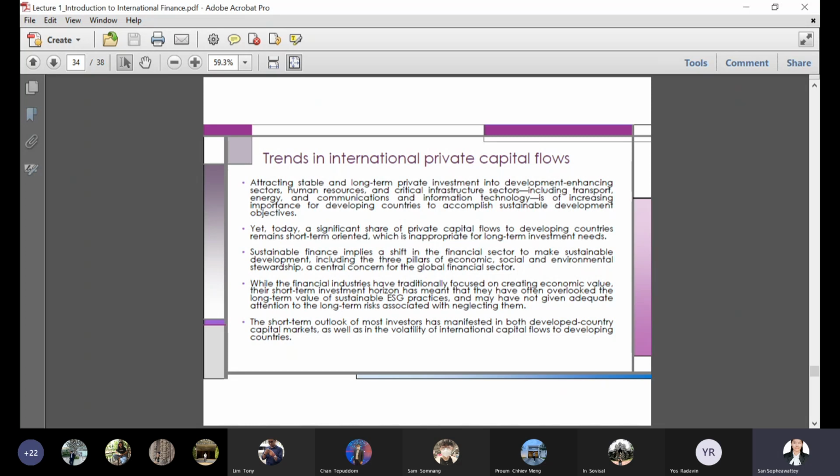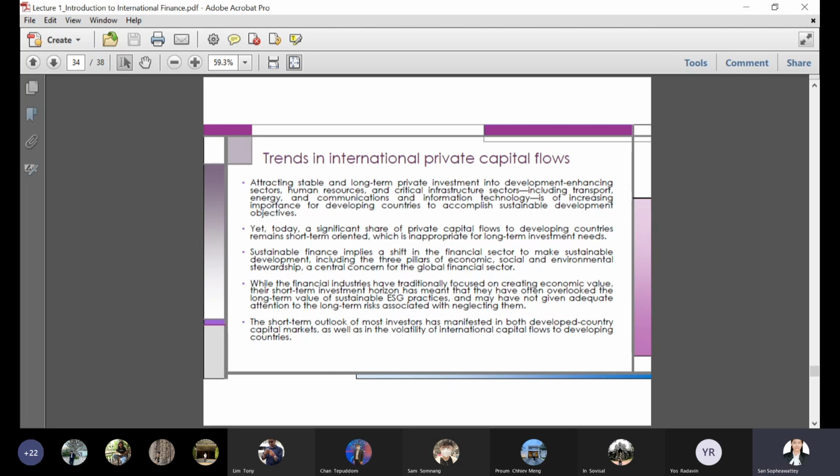They're looking at economic, social, and governance, or we can say environmental. However, short-term investors have considered both developed country capital markets and the volatility in international capital flow to the developing countries.